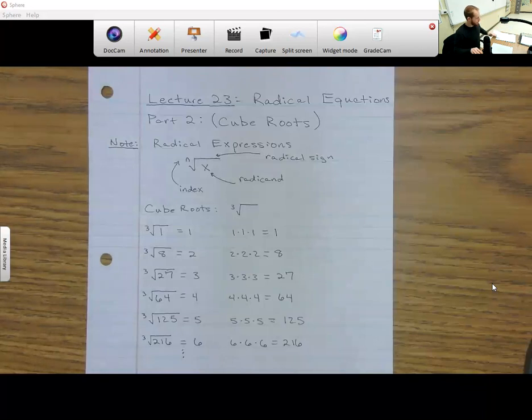Okay, we're going to be looking at the problem set today. I'm going to be starting with number 2 on the problem set, and I'll show you how to solve a few of them. And then we'll go back to square roots for a little bit. Okay.